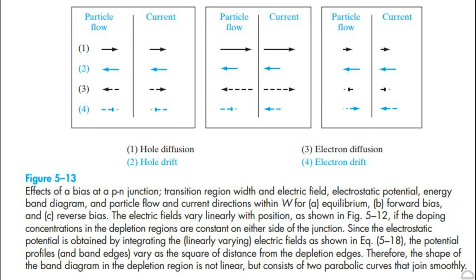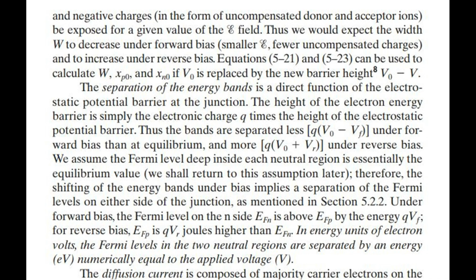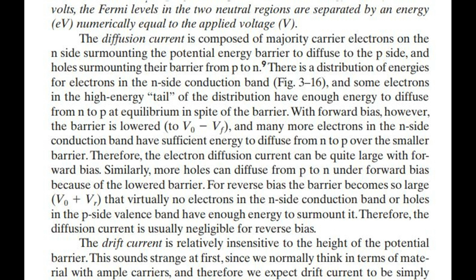With forward bias, however, the barrier is lowered, to V0 - Vf, and many more electrons in the N-side conduction band have sufficient energy to diffuse from N to P over the smaller barrier. Therefore, the electron diffusion current can be quite large with forward bias. Similarly, more holes can diffuse from P to N under forward bias because of the lowered barrier.